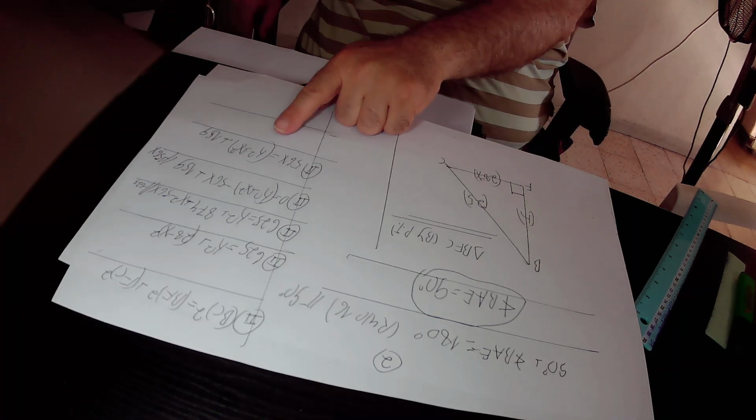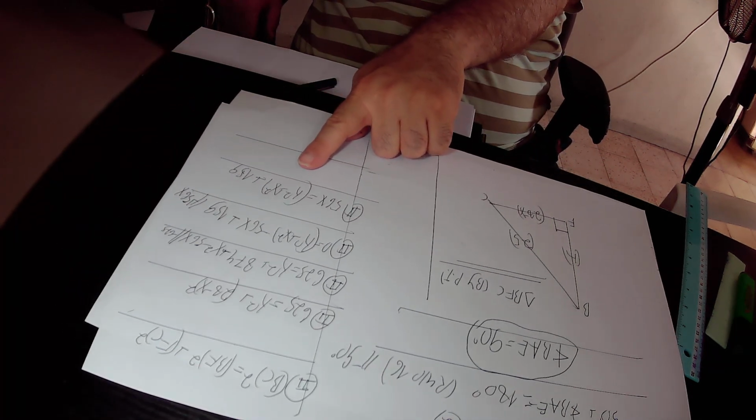Therefore, we can substitute 8 squared plus x squared in equation 2 by 289 from equation 1.